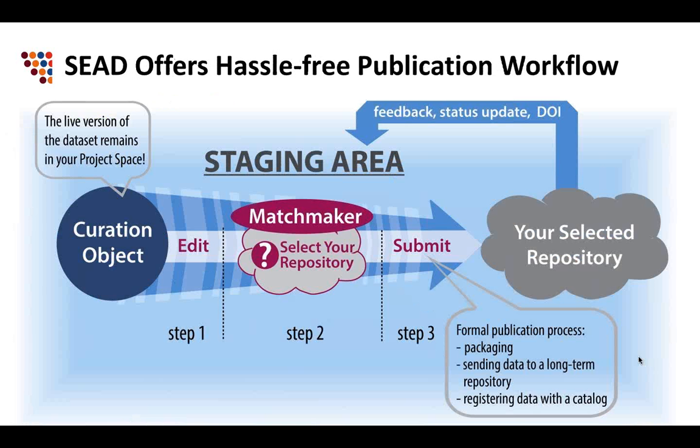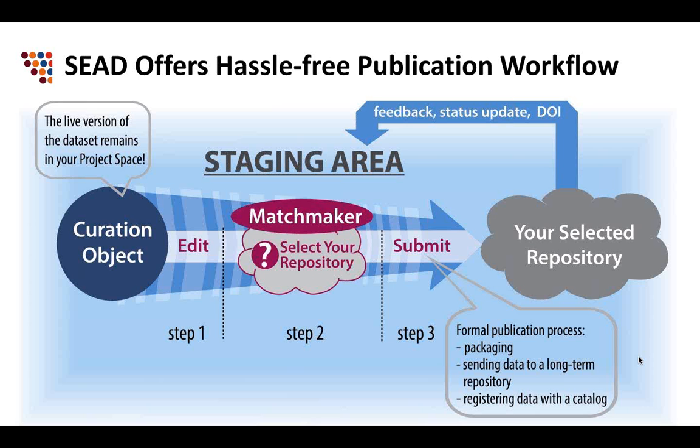So you may ask, what exactly happens when you push the publish button in your project space in SEAD? When you decide to publish your data set, a frozen copy of your live data set called a curation object is created in the staging area of your project space, where you can make final adjustments to further prepare it for publication.